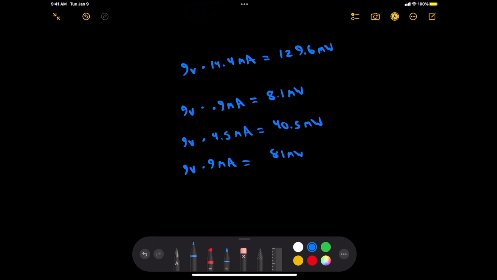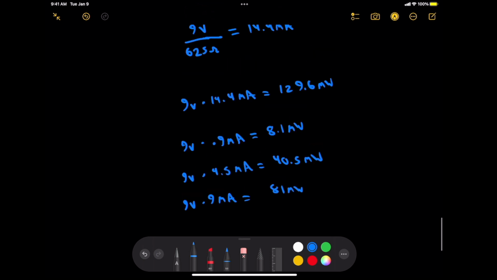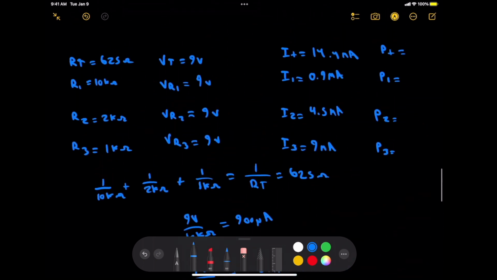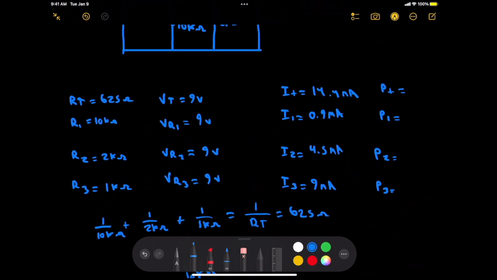So adding these up, we have 8.1 milliwatts plus 40.5 milliwatts plus 81 milliwatts, and that's going to be equal to 129.6 milliwatts. So yeah, we just add this up.